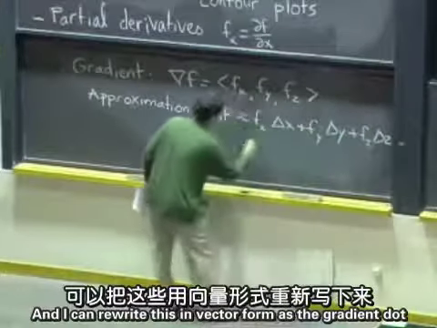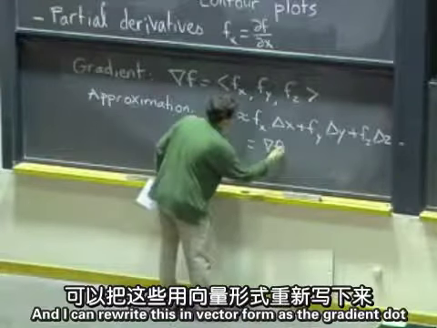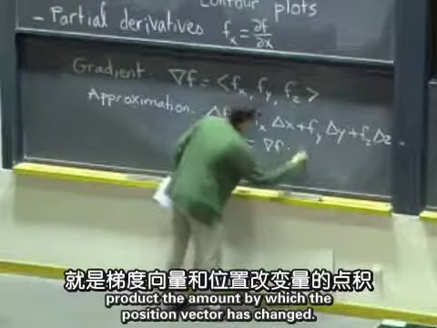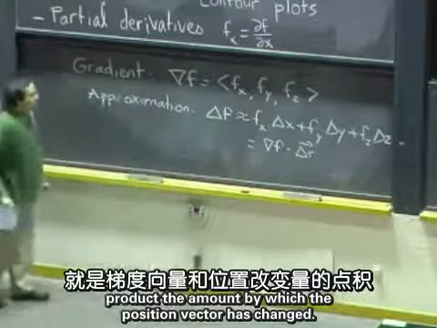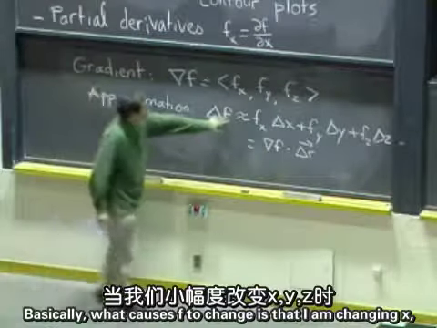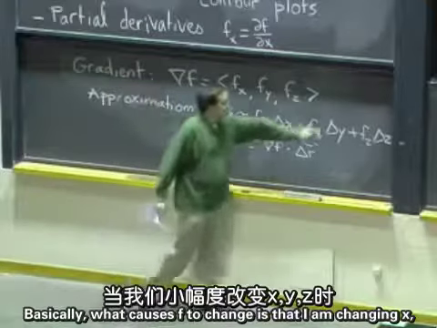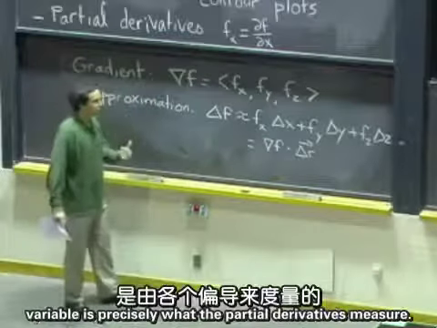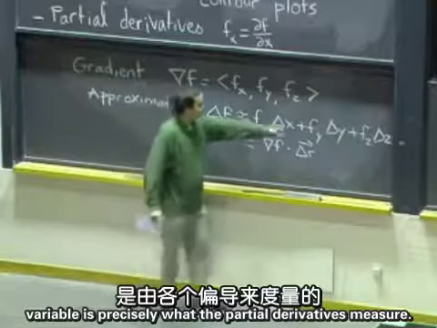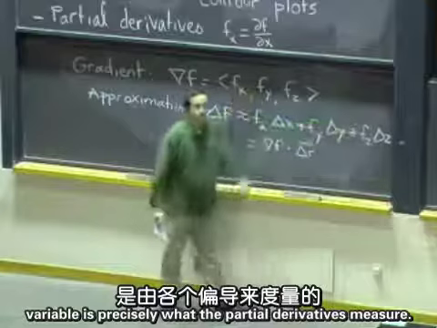And I can rewrite this in vector form as the gradient dot product the amount by which the position vector has changed. Okay, so basically what causes f to change is that I'm changing x, y, and z by small amounts, and how sensitive f is to each variable is precisely what the partial derivatives measure.